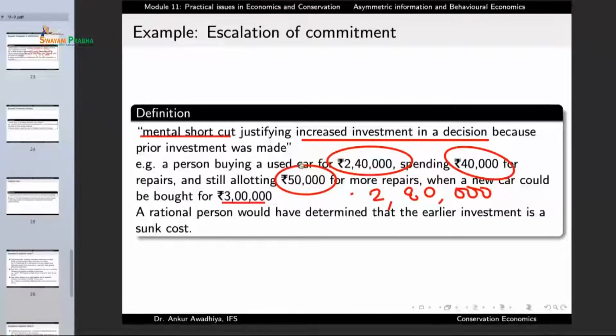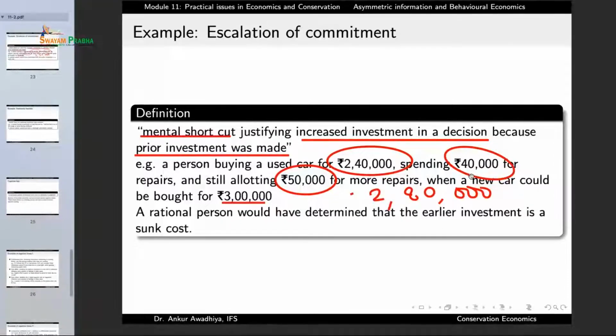So if this amount is spent, the total amount will be 30,000 more than the price of a new car. But still, the person is justifying this investment because a prior investment was already made. So the person would think that because I have already spent 2,80,000 rupees, 50,000 more is not that high a price or that high an investment.